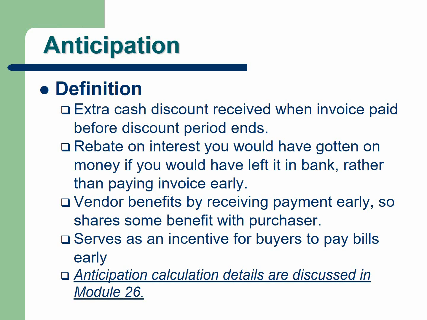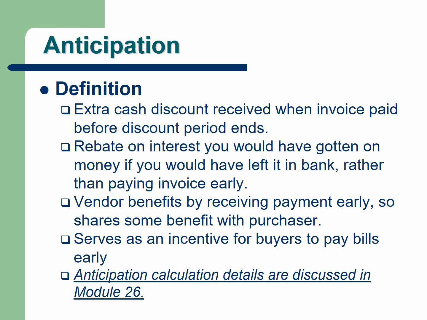Since the concept of anticipation is a rebate on the interest the buyer might have gotten on the money, if the buyer had just left the money in the bank rather than paying the invoice early to the vendor, the anticipation amount is determined based on a certain interest rate.